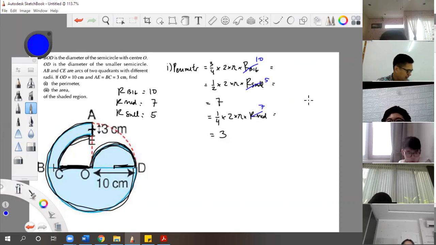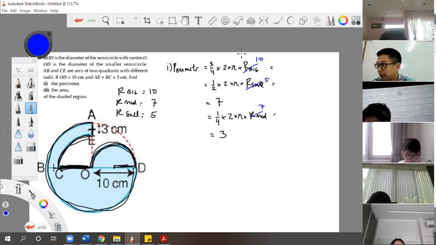Okay, I'm using my calculator to calculate this for you. I use pi as 3.14 because there is no 7 to multiply here. So 3/4 times pi times 2 first times pi times 10.